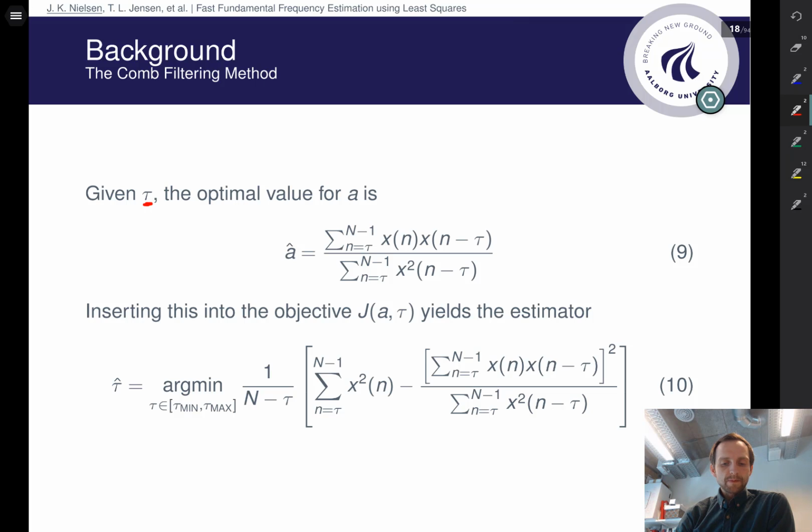It might look a bit complicated, but it's fairly easy to implement. This is simply the power of the trimmed input signal, this is the power of the trimmed and shifted signal, and this is the autocorrelation function. So you can see that it's fairly closely related to the autocorrelation method.